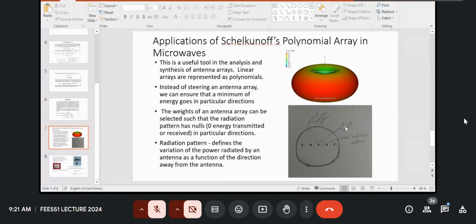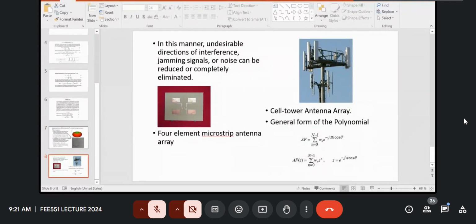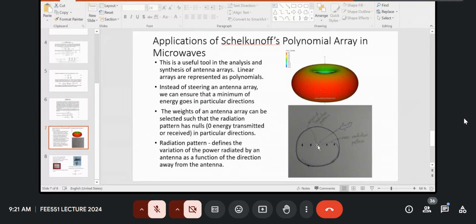So if we have a jamming signal being sent to a particular antenna array, maybe during a time of war, we can use Schelkunoff's polynomial array to take the radiation pattern to zero so that no energy will be transmitted in this direction, and therefore the jamming signal will not work on the antenna arrays.